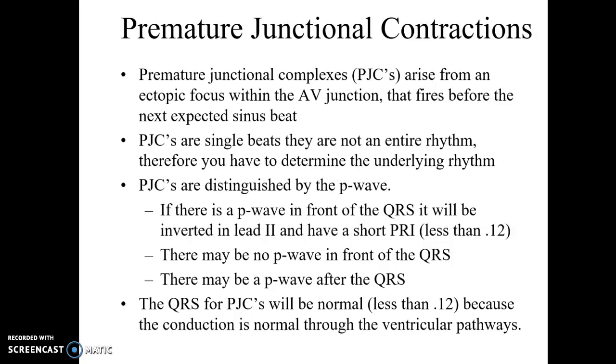There may be no P wave in front of the QRS, or there may be a P wave after the QRS. The QRS for PJCs will be normal, less than 0.12 because the conduction is normal through the ventricles. The junction is actually considered supraventricular in origin, above the ventricles, so it does come down the normal pathways of the ventricle, which should give us a normal QRS size.